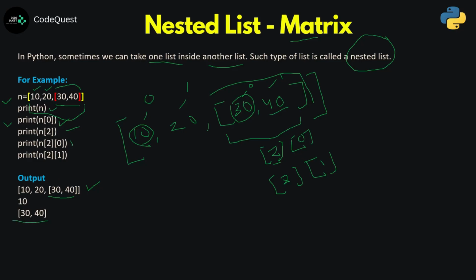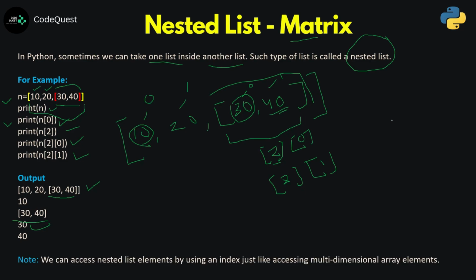Now when I am writing two indices, n of 2, 0 indicates 30, and similarly n of 2, 1 indicates 40. So this is the way we store matrices. We can access these elements just like the way we access array elements in a multi-dimensional concept, using row index and column index.